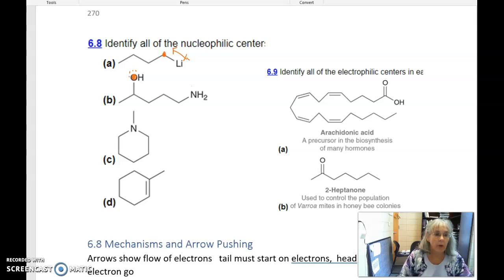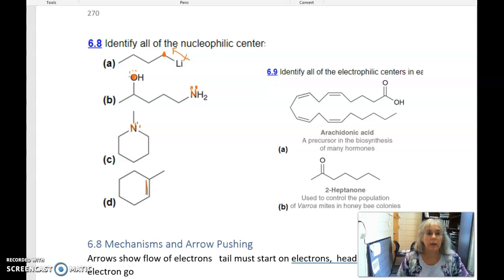We also have lone pairs here. So the nitrogen will be a nucleophile. Here we have lone pairs, so the nitrogen is a nucleophile. Here we have a pi bond, so that's a nucleophile.